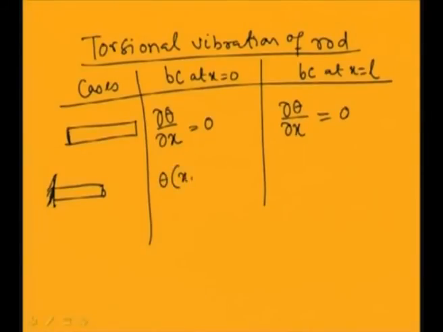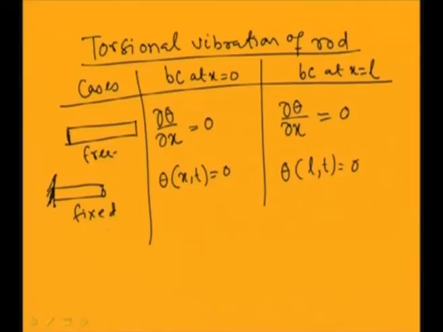So I can write theta(0, t) equal to 0. Similarly, if the right end is fixed, then theta(L, t) will be equal to 0. So this is the free boundary condition and this is the fixed boundary condition.